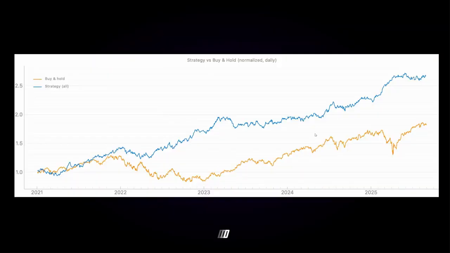And this is the performance of an opening range breakout strategy, risking 2% per trade, compared to the performance of just buying and holding the S&P 500, starting from 2021 till more or less today.